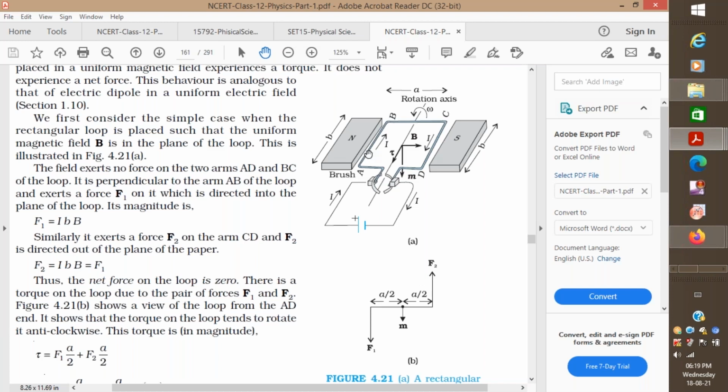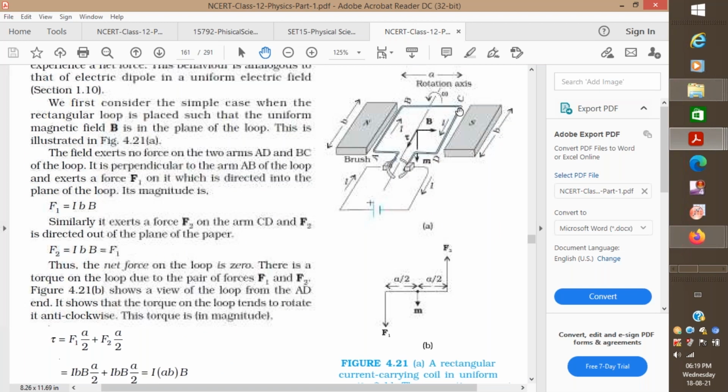The current is going from A to B, so stretch your four fingers towards that and then curl them towards the magnetic field direction. The magnetic field is in this way, N to S, so the force will be in the downward direction.